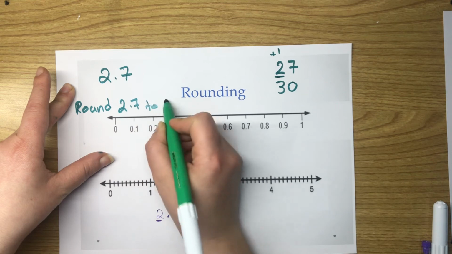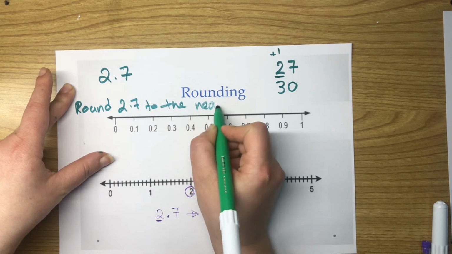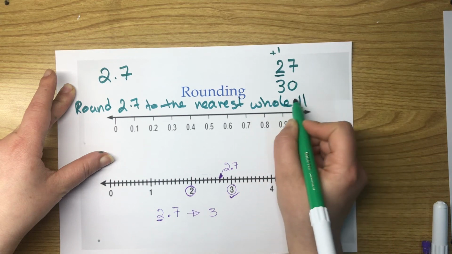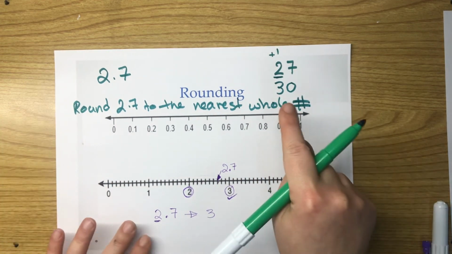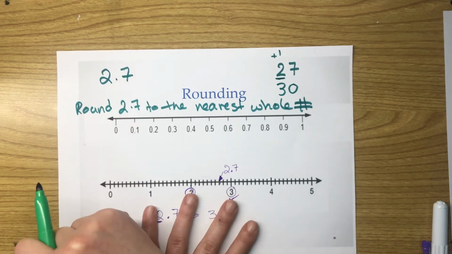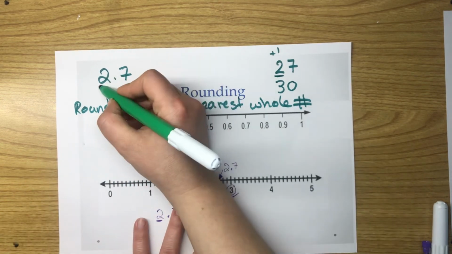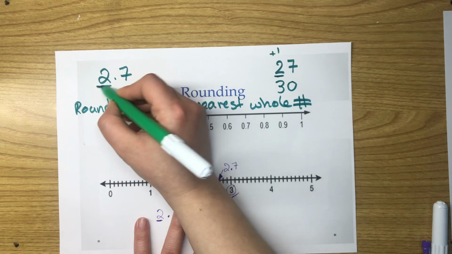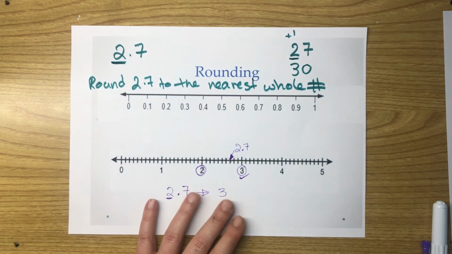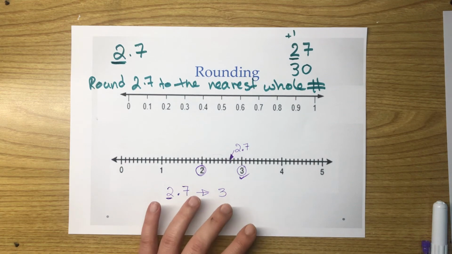When you get a question to round the decimal number to the nearest whole number, you are always going to underline the place of ones. Okay? And go back to your poem again.